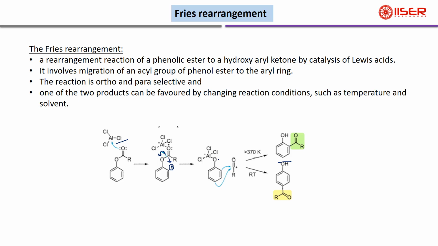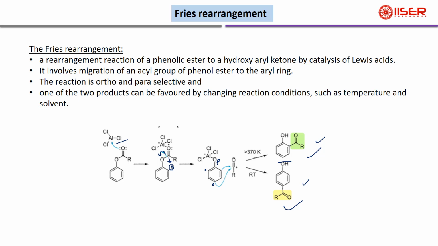After that, this O minus comes here and it can attack from this ortho position or this para position, giving us these two as a product. And as para attack is more favorable, at room temperature we get this para product, and in case of high temperature we get this ortho product.